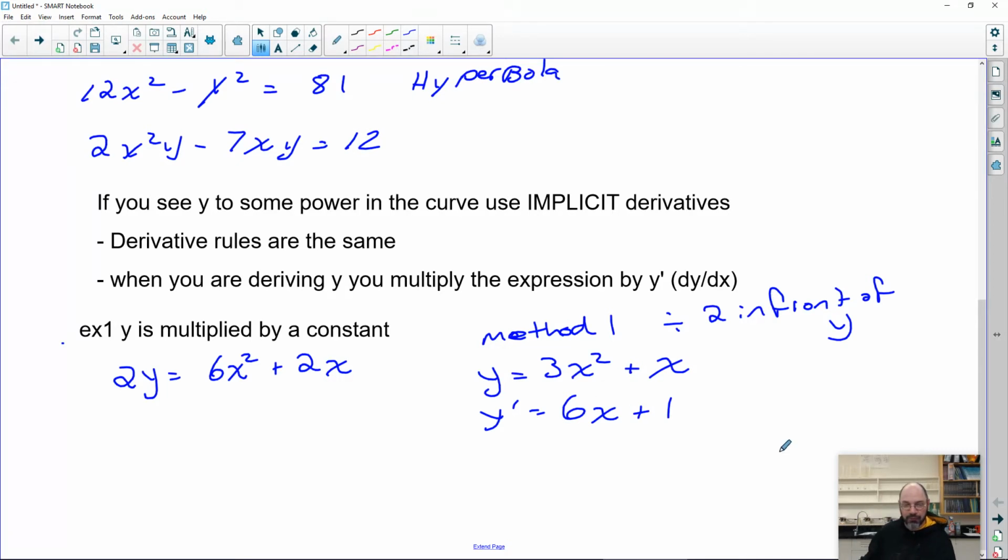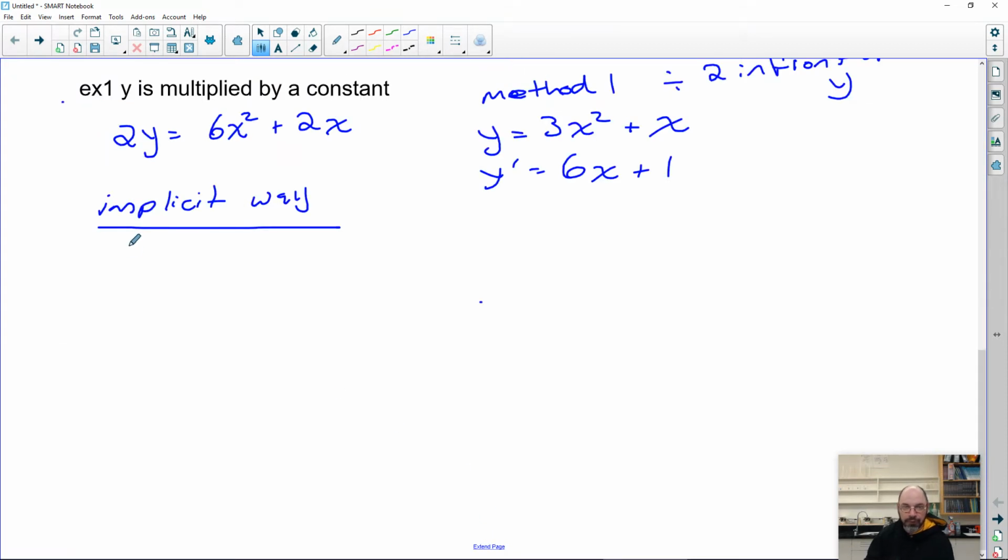Now if we use method 2, implicit differentiation, the implicit way, I just leave it as is. And then when I take the derivative of this, I put a y prime after it.